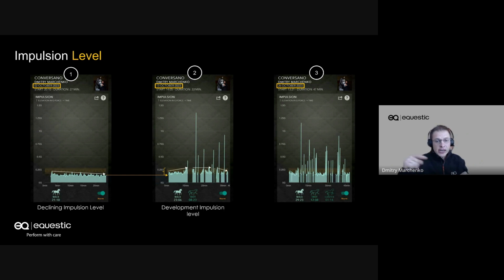Impulsion even increased because the horse was warming up in the first 10 minutes and became capable of making a stronger impulsion in the 10 minute frame, which is different versus October 2. You can see the 10 minute mark on chart number one, where the impulsion is almost declining already.